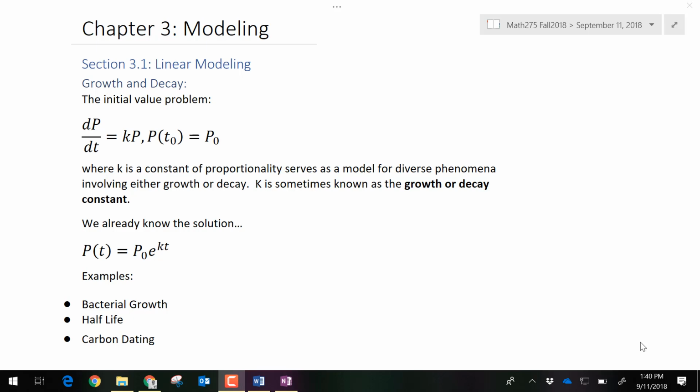So this first one is not really anything to talk about because we already know this problem pretty well. The only thing that maybe we can mention is the fact that it's a growth, it's a decay, it's a half-life, carbon dating.